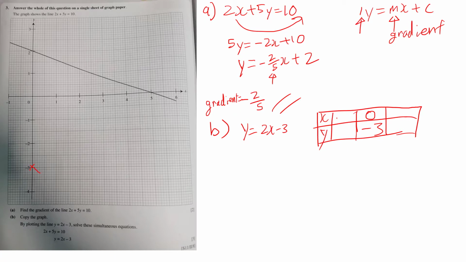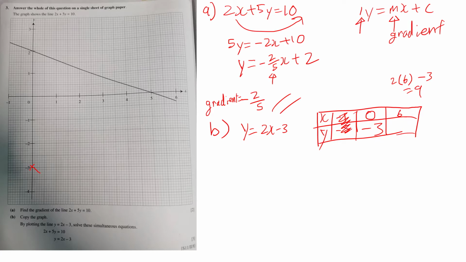Now I can see a problem. If I have negative 1, this one will be negative 5. But I do not have space for negative 5, so I cannot use negative 1. Can I use 6? If I use 6, 2 times 6 minus 3 is 12 minus 3, equals 9.